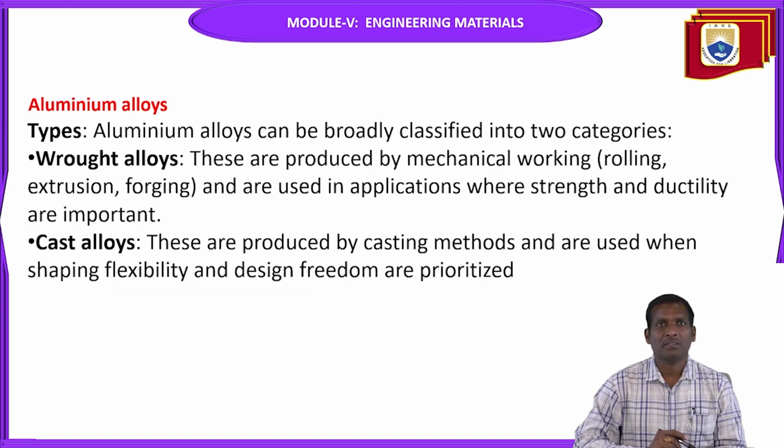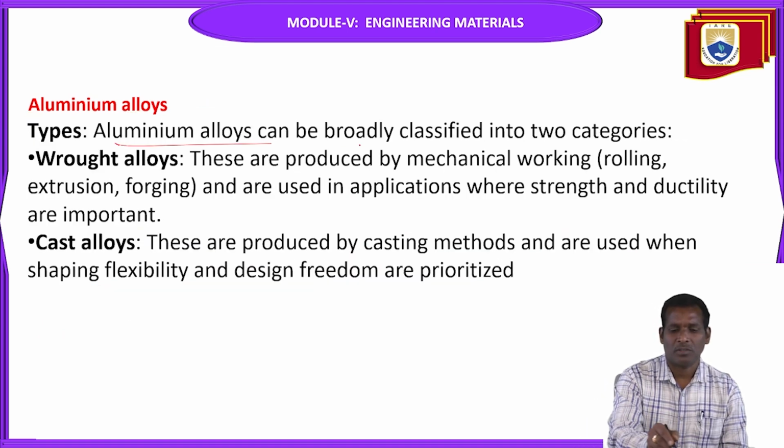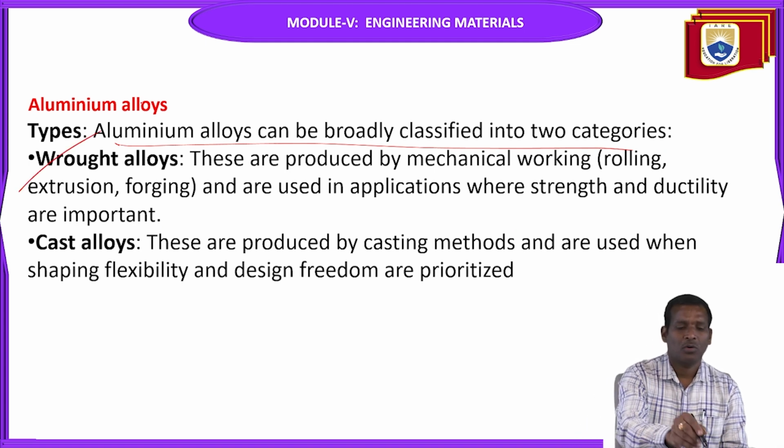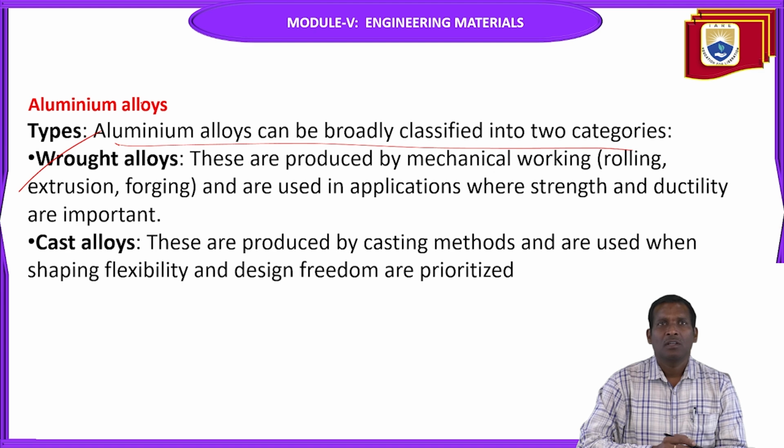Aluminum alloys can be broadly classified into two categories. One is wrought alloys, which are produced by mechanical working such as rolling, extrusion, and forging, and are used in applications where strength and ductility are important. Next, cast alloys are produced by casting methods and are used when shaping flexibility and design freedom are important priorities.